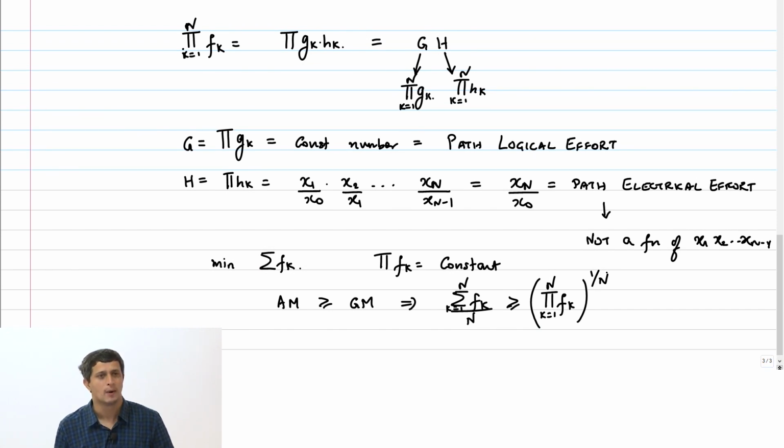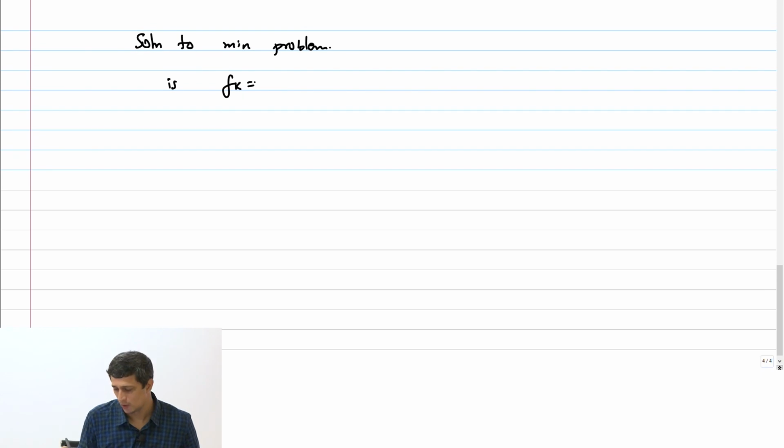And the sum is going to be minimum when equality holds, that is, when each of these fk's is equal to each other. Therefore, the solution to the minimization problem is fk equal to G into H whole power 1 by n.